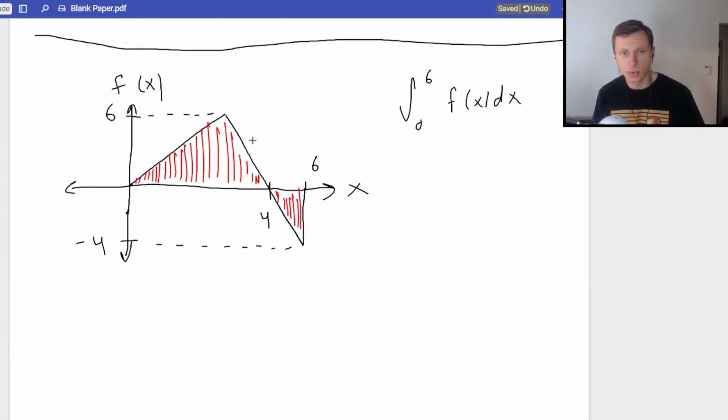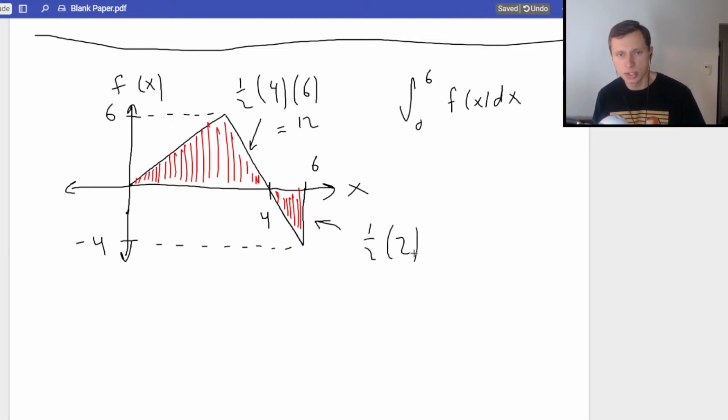Okay, so the first one, the big triangle, has an equation of 1/2 base times height, so 1/2 times the base is 4 times a height of 6. Hopefully we all see that. So that's going to be 1/2 times 4 times 6, which is 12. Great. And now for the triangle down here, it's going to again be 1/2 base times height. A base of 6 minus 4 is 2, and then the height is negative 4.